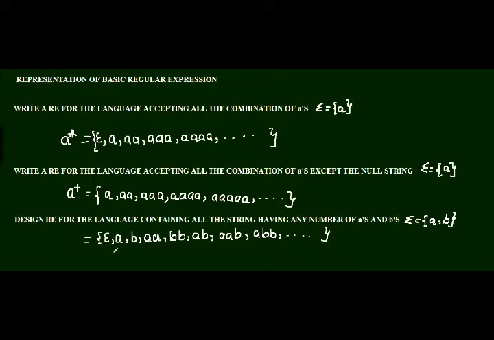All the combination of a and b including null value. So we will write regular expression for this as a plus b the whole power star. So star denotes including null value, plus denotes except null value.